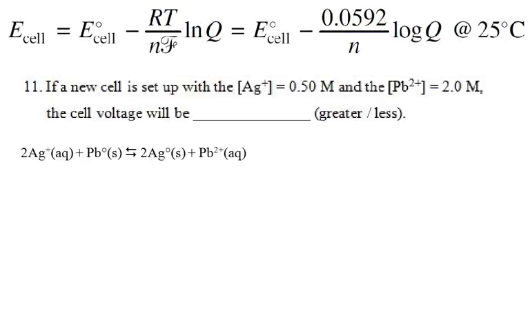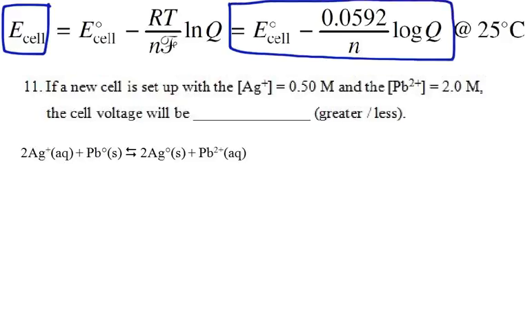We're going to use this piece right here, equals all of this. And if it doesn't say the temperature, they usually mean 25 degrees Celsius, 298 Kelvin. So the one little piece we haven't done yet is Q. We've seen Q a long time ago when we were working with equilibria.